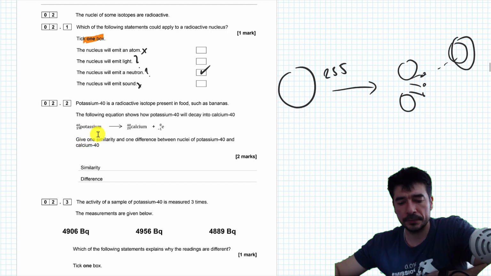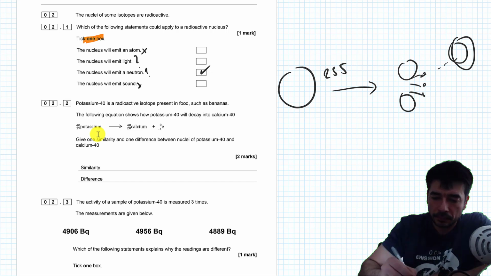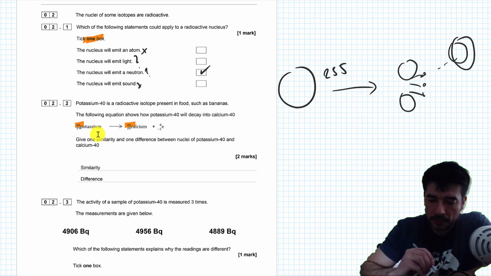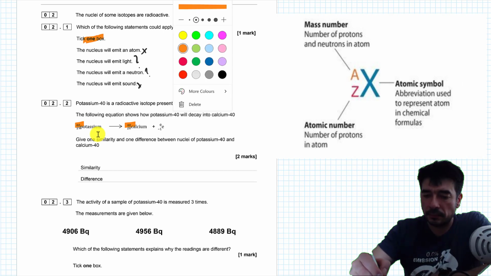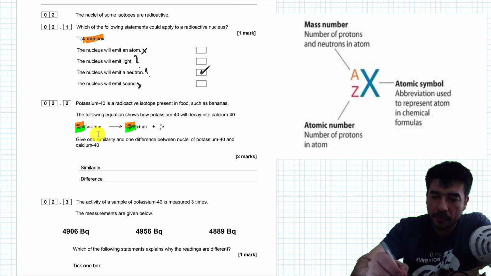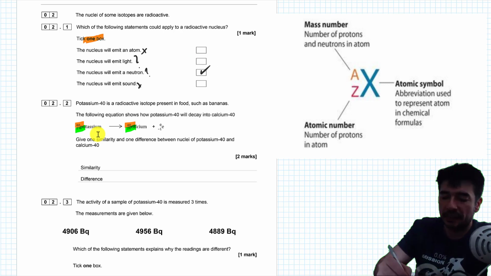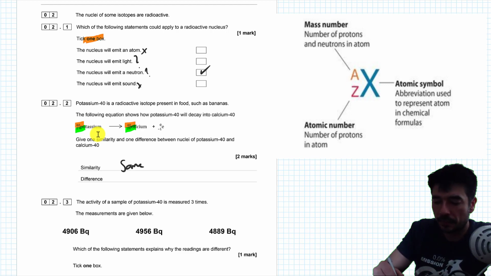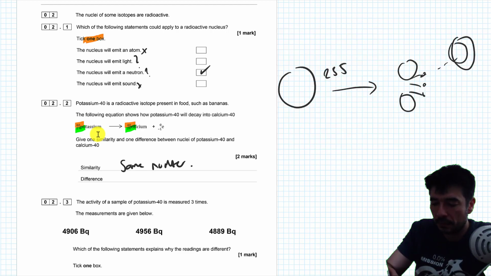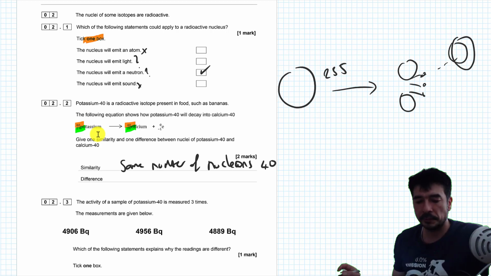Okay, so if you have a look, numbers at the top have stayed the same. Numbers at the bottom have changed. So I'm going to say the similarity is it's still the same number of nucleons, 40.